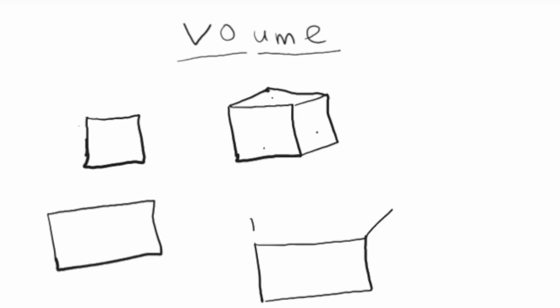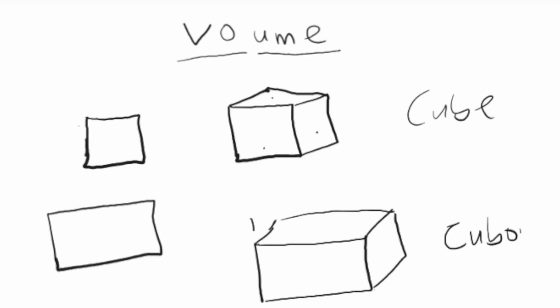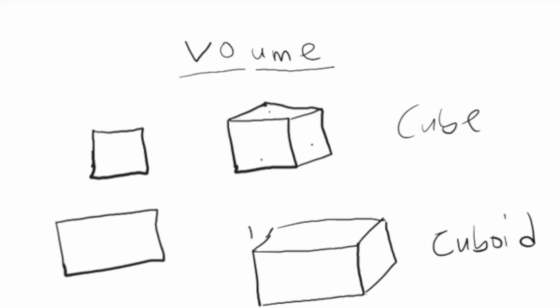So this will be a cuboid, and this will be a cube, and this one will be a cuboid. So that is the difference.